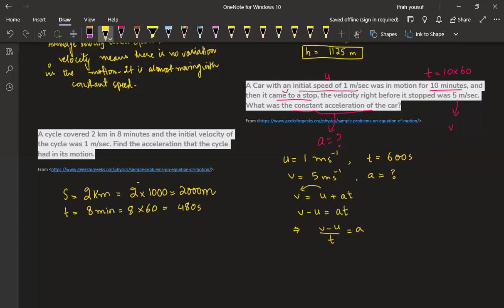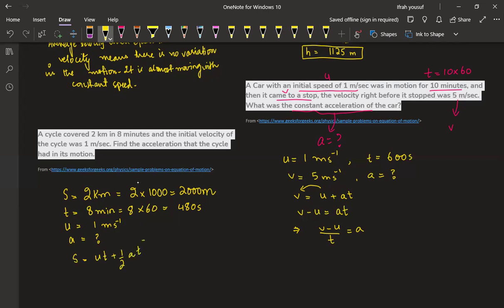I got an idea. Since they've given the initial velocity, the distance and the time, I used the second equation of motion, s equals ut plus 1/2 at squared.